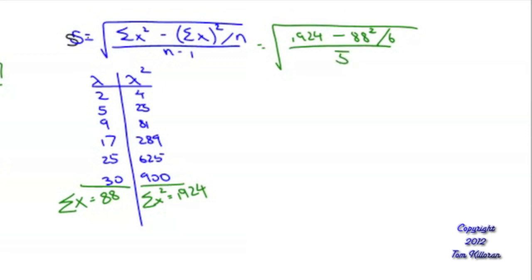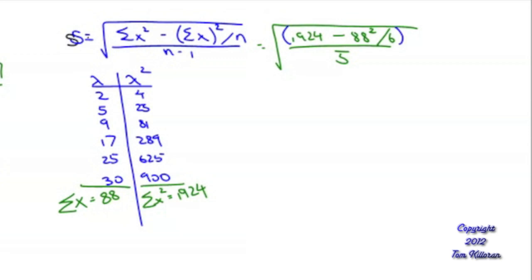Now, in your calculators, it does work out a little different. You have to do some playing around. The first calculation you want to do is the top. Just type in the entire top number and write the answer down. So 1924 minus 88, all squared, divide by 6. And I guarantee you get 633.34.